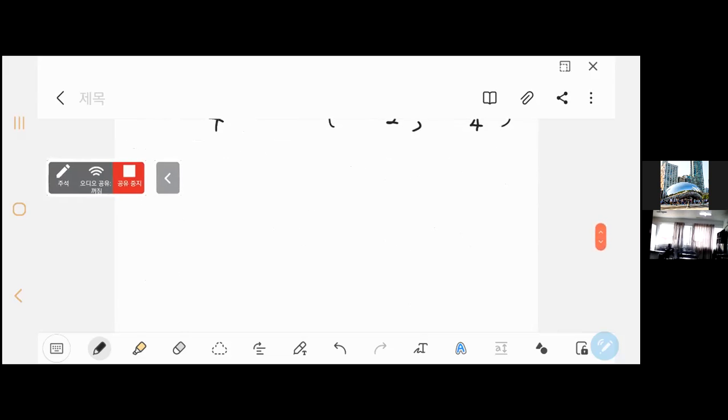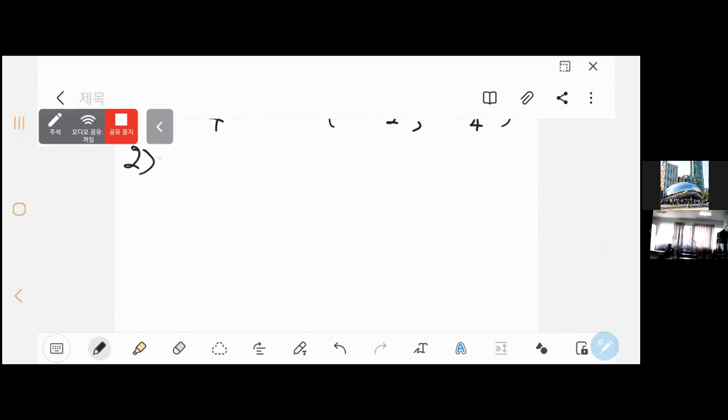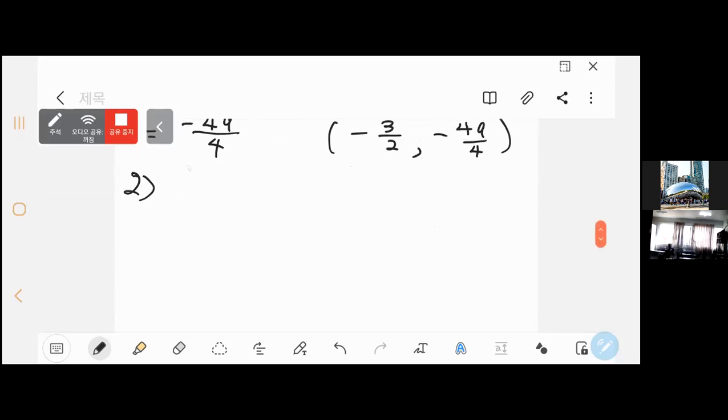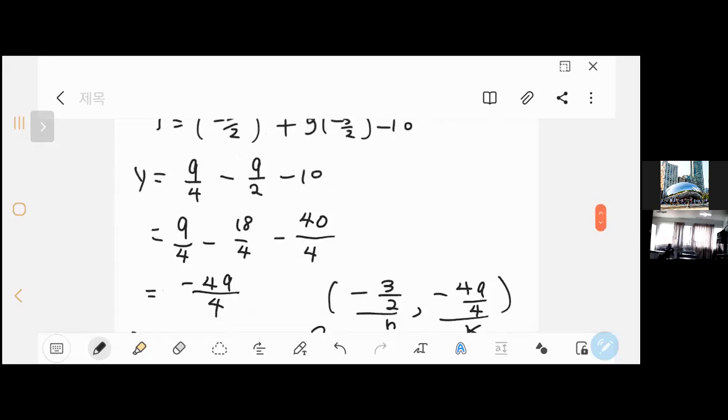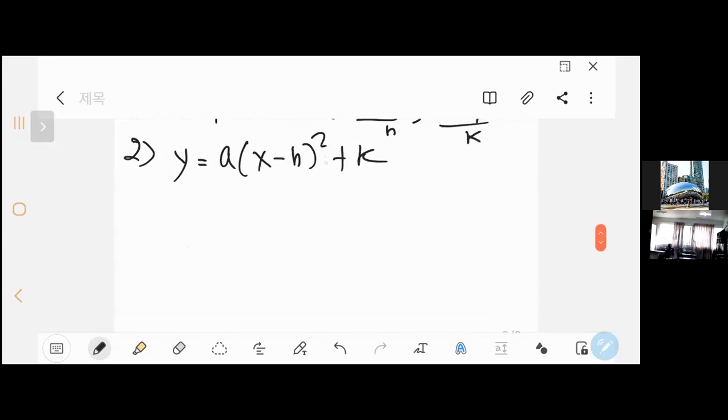Okay, number 2. Because we know our vertex, we can easily write the equation in vertex form. Vertex form is a times x minus h squared plus k. So all we have to do is plug in the h and the k into the equation, and we know a is 1. So our new equation is y is x plus 3 over 2.